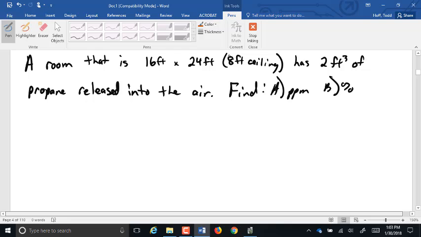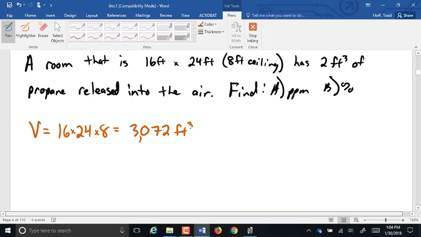Well, first thing we need to do is find the total volume of the room. How do I find the volume of the room? You got it. 16 times 24 times 8, which is 3,072. You got it.